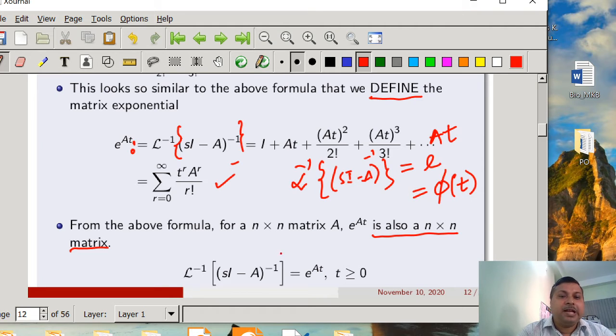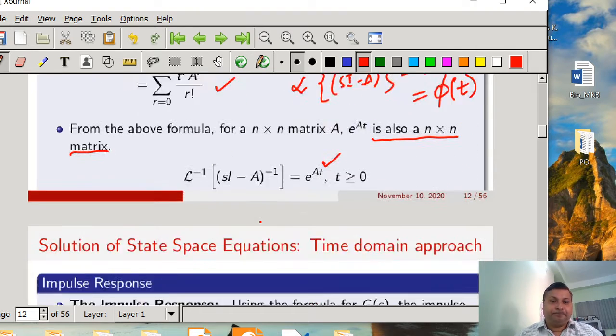Later on we will see that if we compute sI minus A inverse and take its Laplace inverse, which is indicated by e to the power At, that e to the power At will also be an n by n matrix, and we are interested in knowing what the elements of e to the power At will be, because this matrix exponential is going to play a very vital role in computing the time response as well as determining the stability of a system.